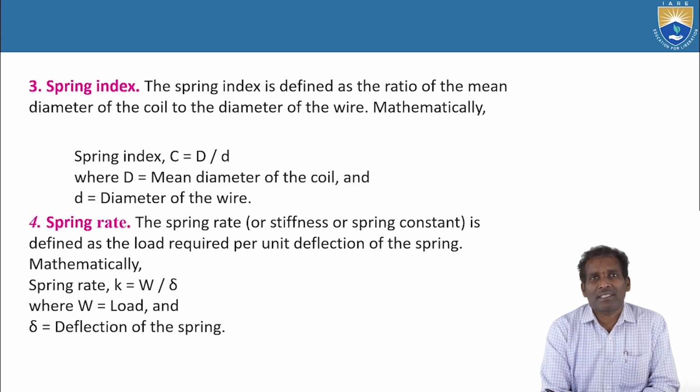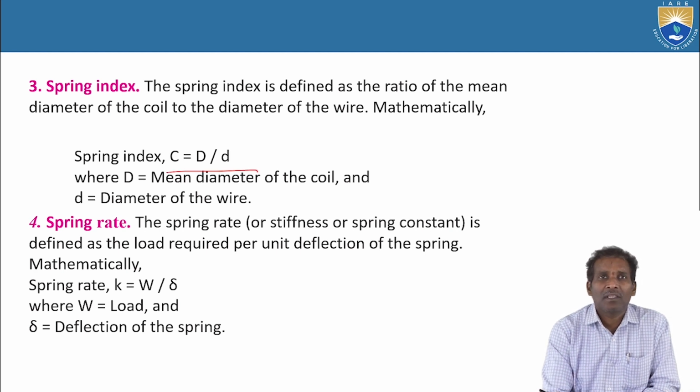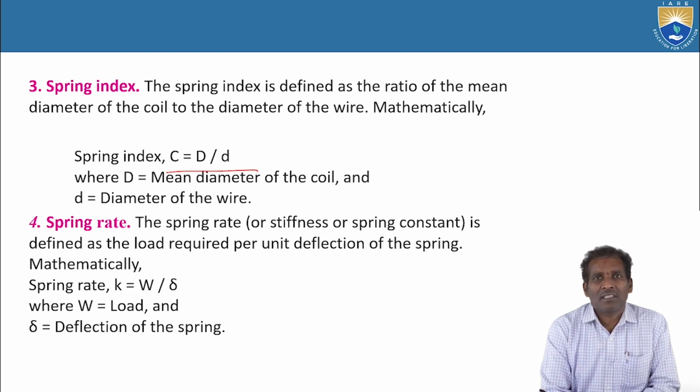Next one is spring index. Already we have discussed it in the previous slide. It is the ratio of the mean diameter of the coil to the diameter of the wire, where D is the mean diameter of the coil and d is the diameter of the wire. So next one is spring rate. The spring rate, or stiffness, or spring constant. All these names are the same.